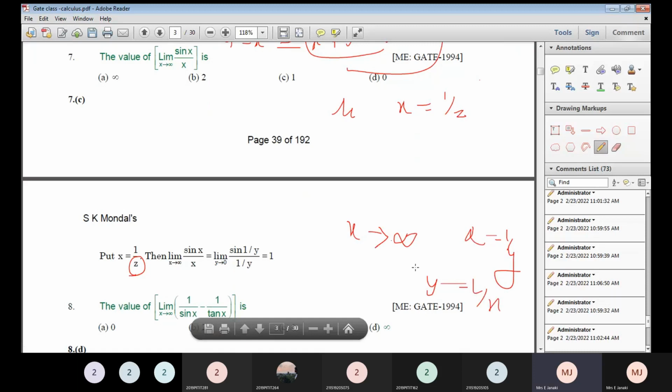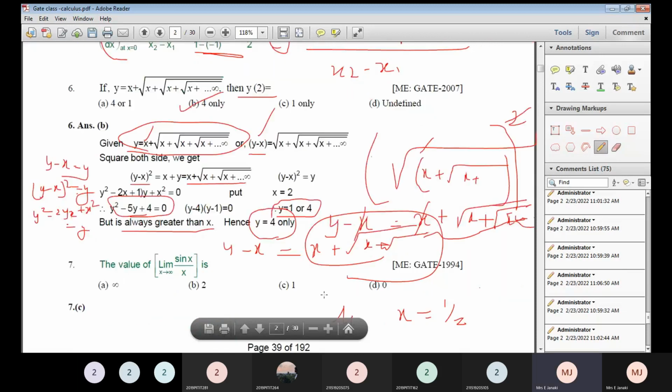So instead of x tends to infinity, you replace with y tends to 0. At the same time, in sin x by x, you replace all x in terms of y. So x is equal to 1 by y, and sin x by x becomes sin of 1 by y divided by 1 by y.